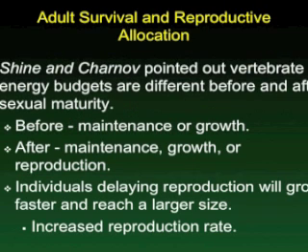Studies by Shine and Charnov looked at the energy budgets in vertebrates, and they found this allocation of resources occurring here, where before animals reach sexual maturity, they're dumping all of their energy into maintenance and growth, and then after sexual maturity, they have to add in a component for reproduction, and so they're trading off between maintenance and growth or reproduction.